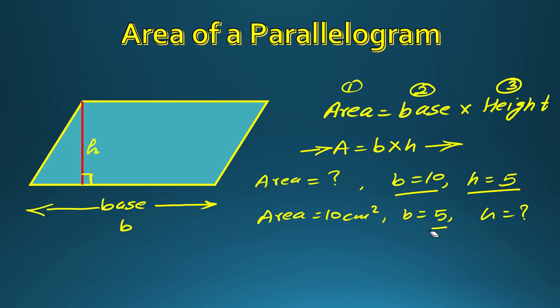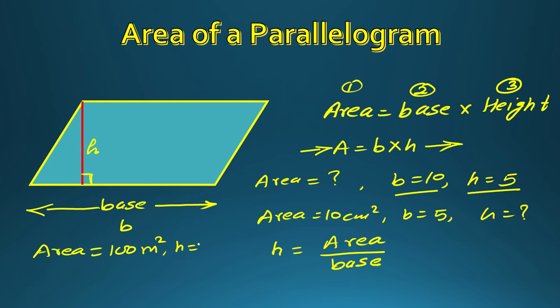So what will you do in this case? Height will be equal to area divided by base. Similarly, if they say area is equal to, for example, 100 meter square, height is equal to 50 meter, then find the base. In this case, base will be equal to area divided by height. So what basic thing will you remember here?